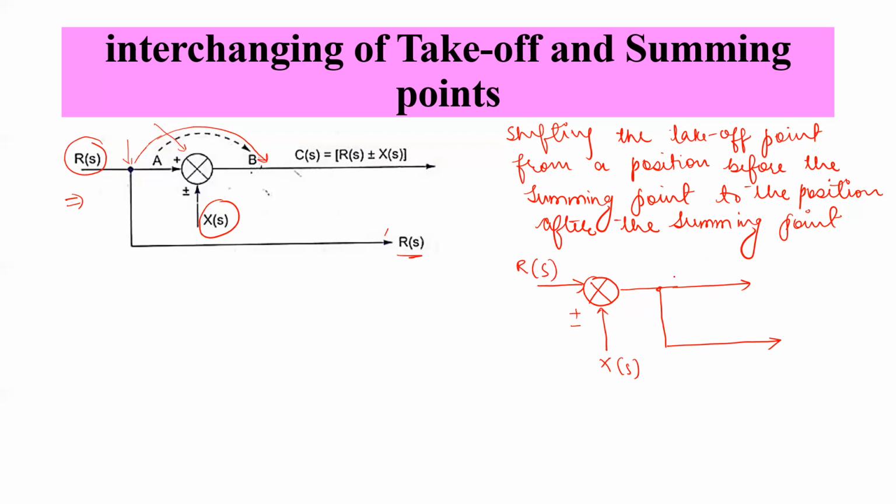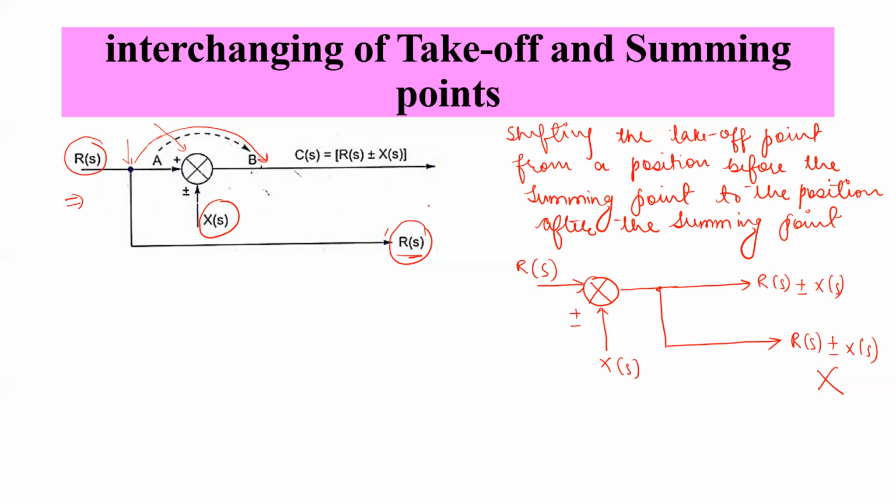Here, if you see, the output is RS plus minus XS. And here also the output is RS plus minus XS. But this is wrong. This should not be there. The output at this point should be RS only. So what will we do to get this output?